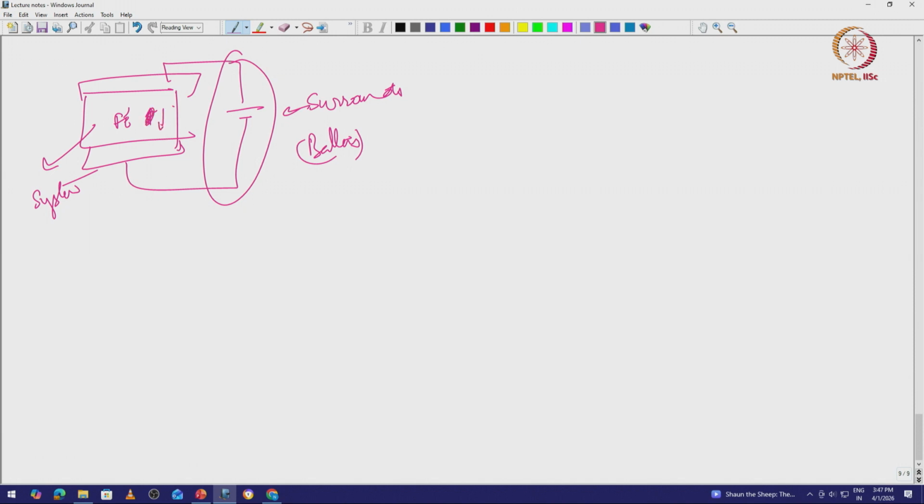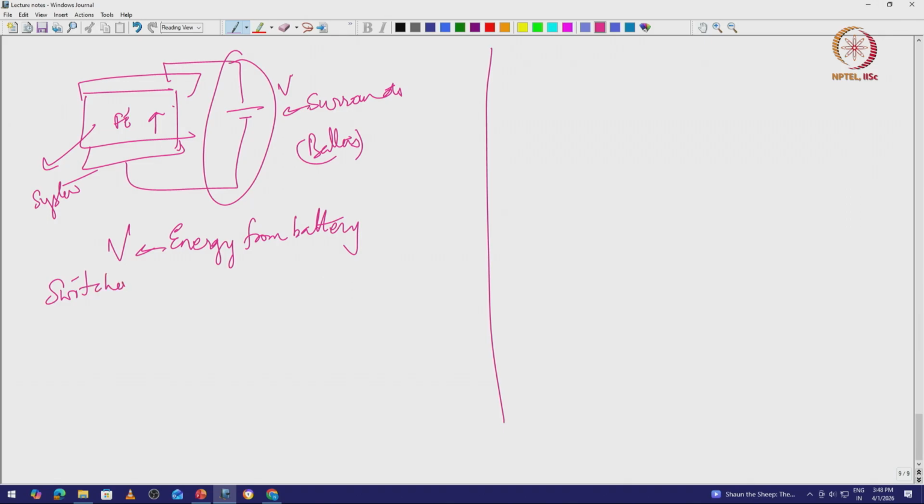So, this is to start with in this polarization, hang on 1 second. Let us say I give some voltage, and this voltage or the energy from the battery switches the ferroelectric material. So, if this is the initial state, this is the final state, right.